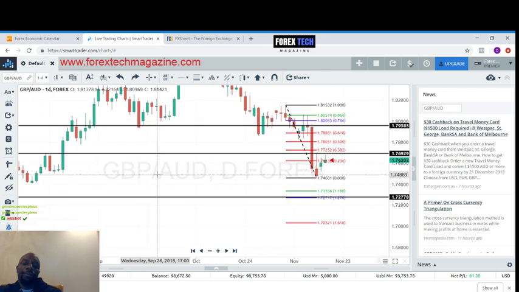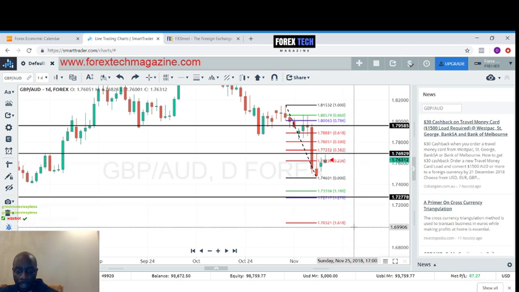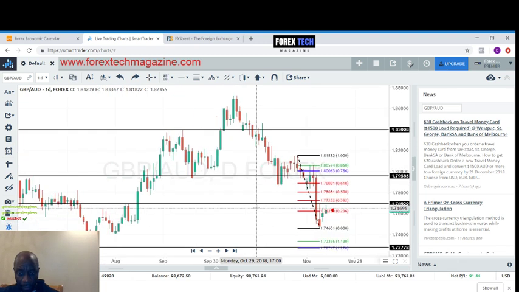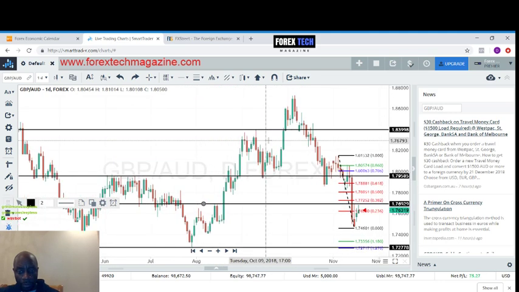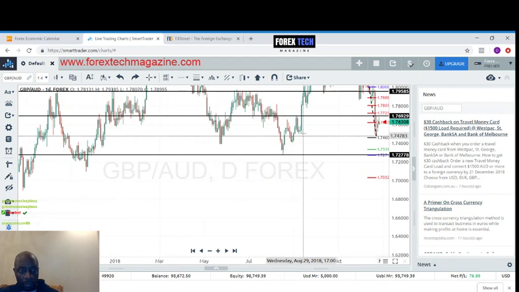So if we're correct, then that means that 170.32 would be the extension. Does that line up with some type of support or resistance over here? That's the question.